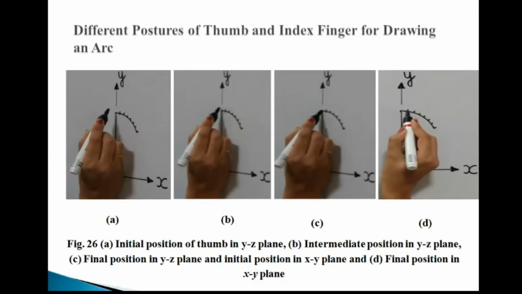Then the intermediate position is shown in figure B, where the marker is moving near to the whiteboard for drawing an arc, and the final position is shown in figure C, where the marker is placed at 0°, so that drawing is just started. Then the final position in the XY plane is considered with placement of the marker pen at an arc of 10°.